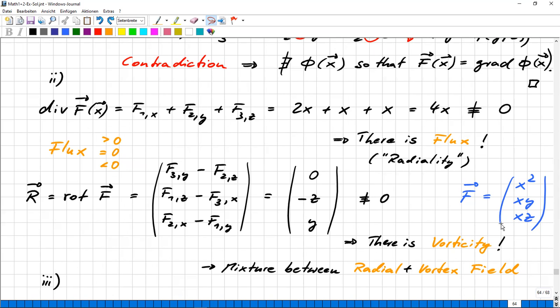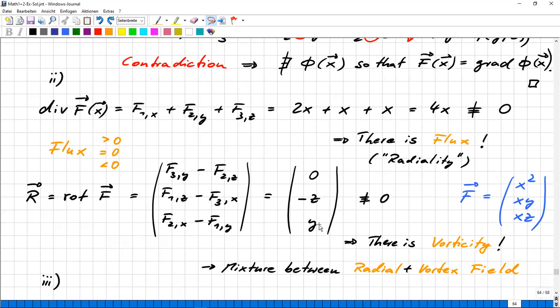And that's why we get a contribution. The third, differentiated for x, equals z, but we have a minus sign inside here. So negative z is the result. And also the second differentiated for x here, it does depend on x, and the result is y. The factor y stays there. And then again, minus the first differentiated for y, there's no dependence. So that's all. We get 0, negative z, y.